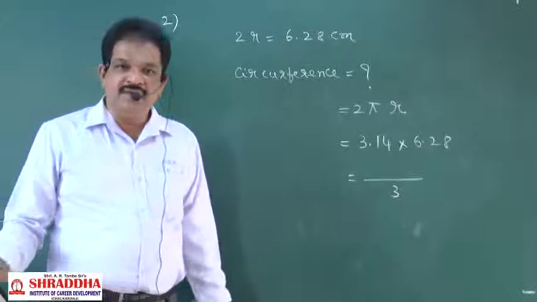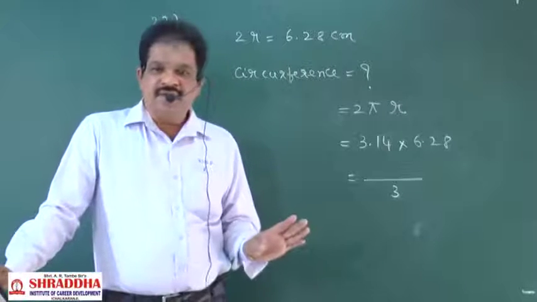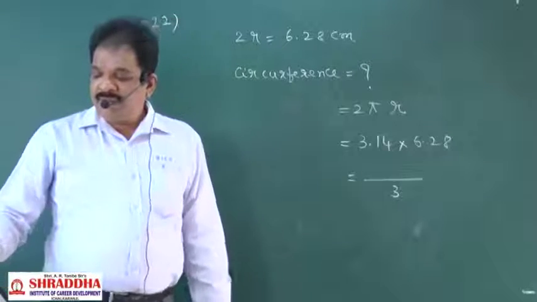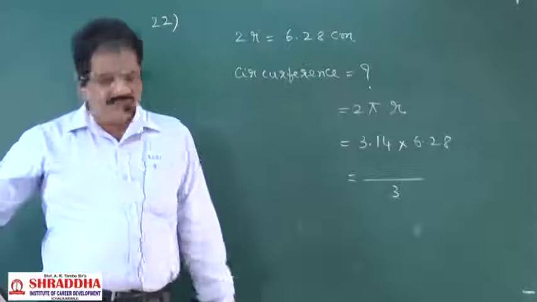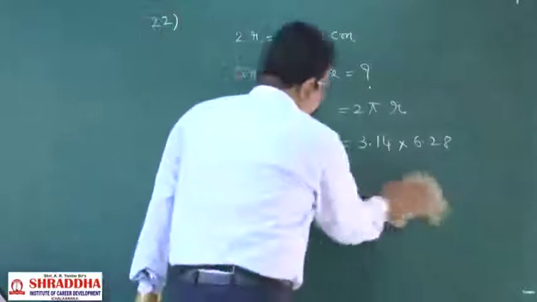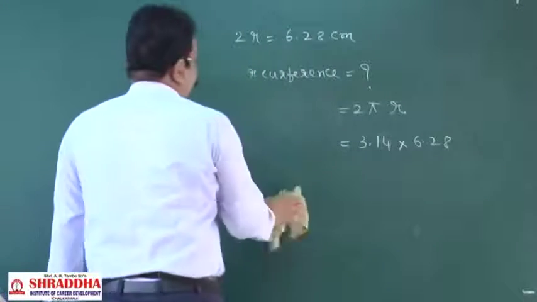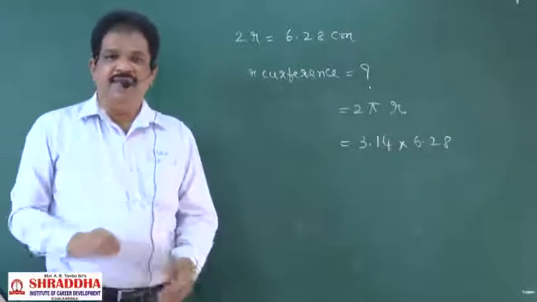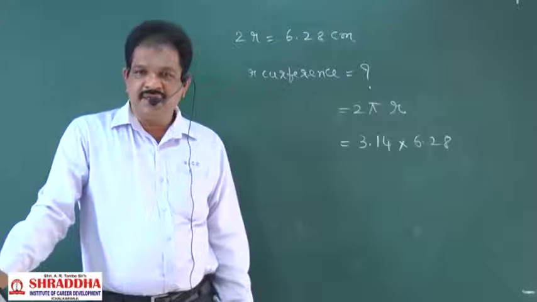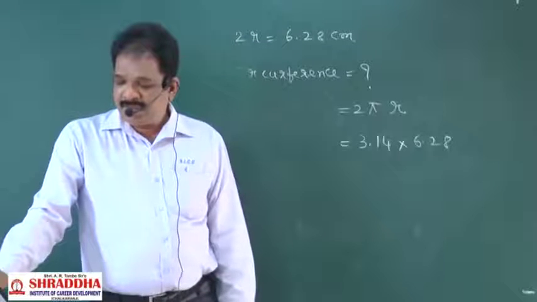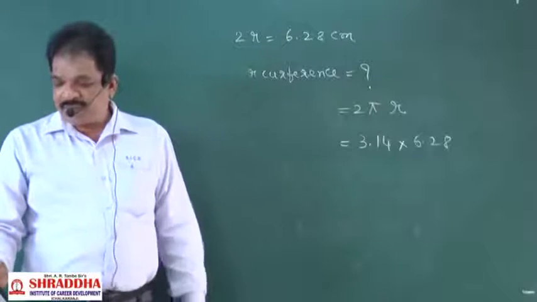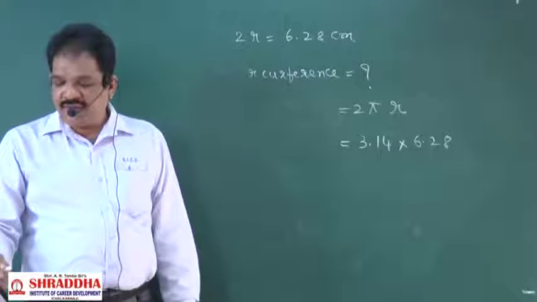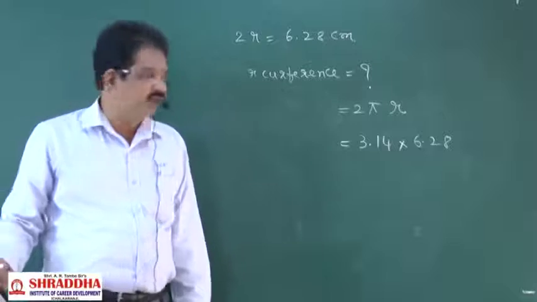C will not be the answer, because 4 significant figures are there. But in B and D there are 3 significant figures. In B, 3 are there, and in D also 3 are there. Then we have to check the answer.